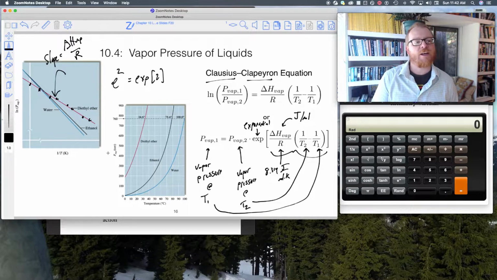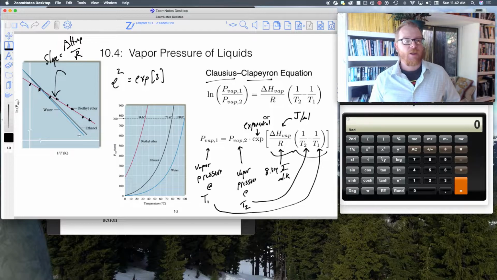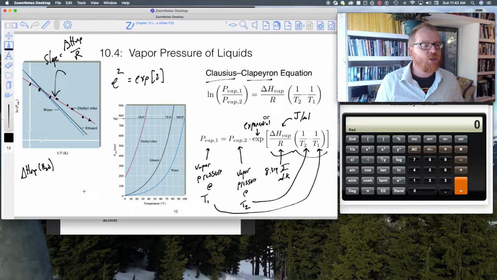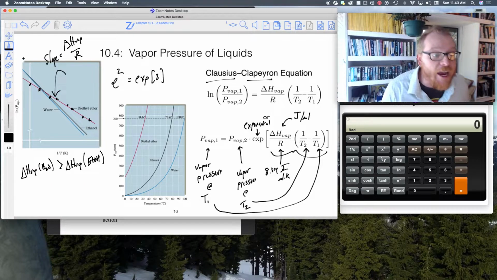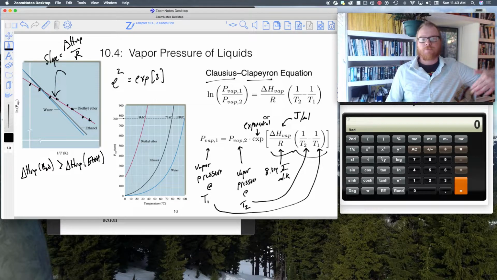What you also notice here is the steepness of the slope tells you what has the greatest delta H. So if you notice here now, water on this slope right here, so I'm going to say delta H of vap of H2O, we can definitely say is greater than the delta H of vaporization of, I'm going to write ETOH as my abbreviation for ethanol, because the line is steeper. It's just barely steeper, but it's a steeper slope.